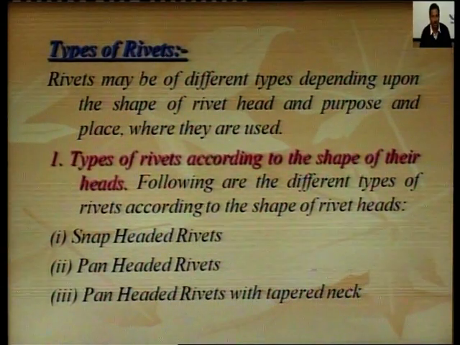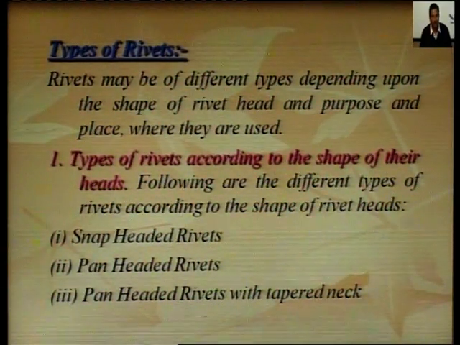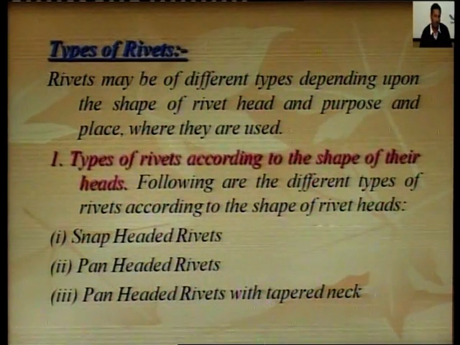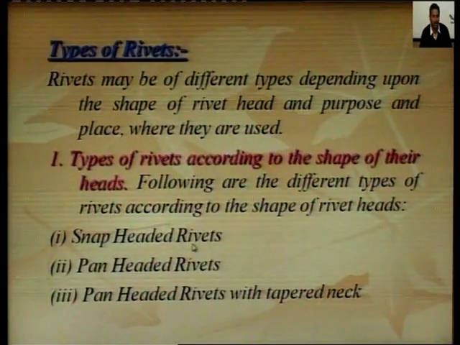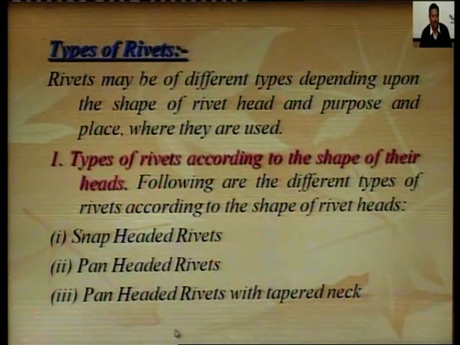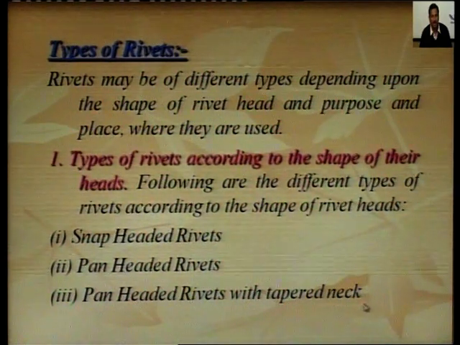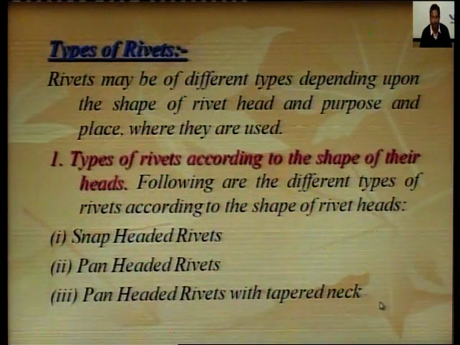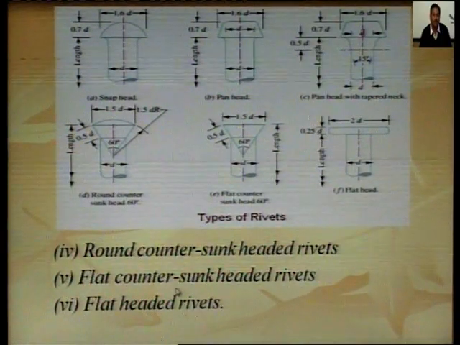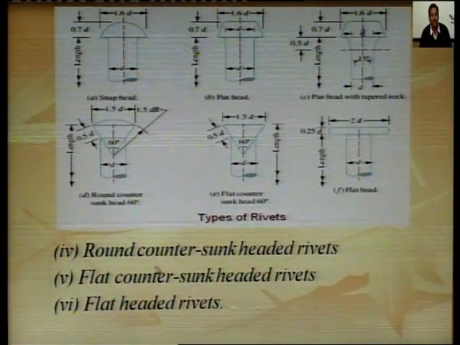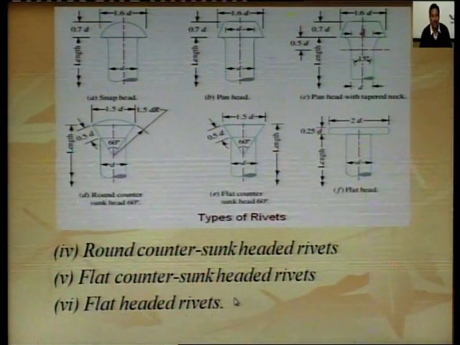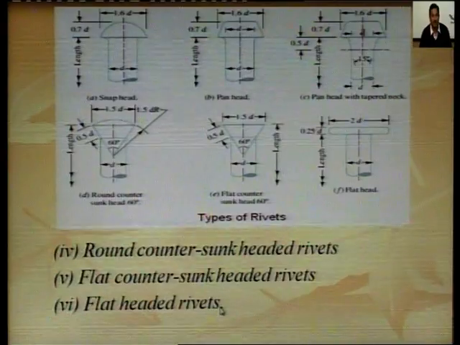Following are the different types. First is snap headed rivet, second is pan headed rivet, third is pan headed rivet with tapered neck. Fourth are round countersunk headed rivet, flat countersunk headed rivet, and flat headed rivet.